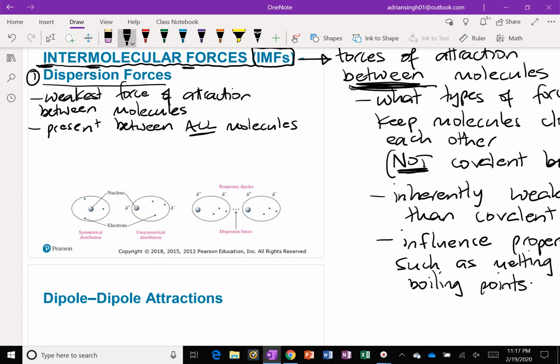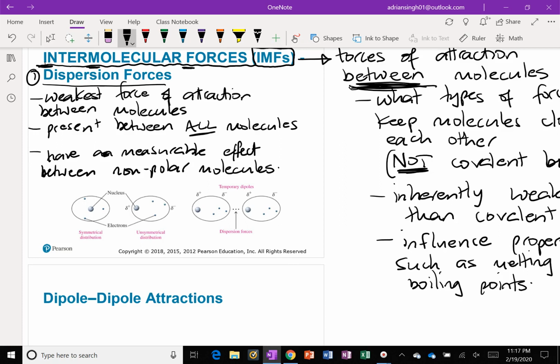There are intermolecular forces between every single type of molecule. But where they tend to predominate, or have a measurable effect, is between non-polar molecules.